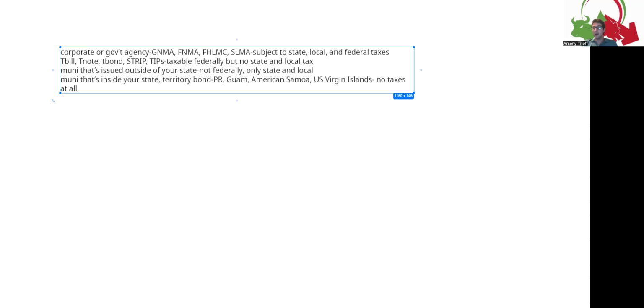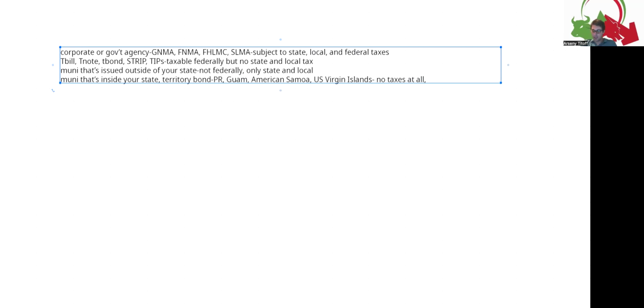That's going to encompass Puerto Rico, Guam, American Samoa, and U.S. Virgin Islands. And that's regardless of where you purchase them. Even if you're in Alaska and you buy a territory bond, it's going to be fully tax-free or tax exempt, however you want to call it.